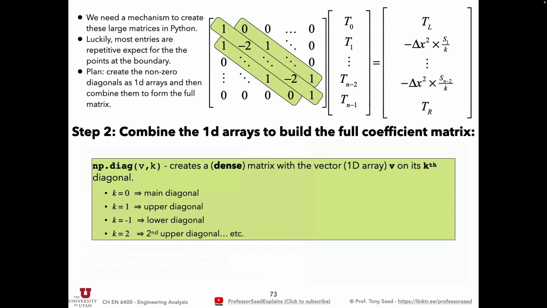It's the 0th diagonal in a square matrix, the main diagonal. The first upper, k is 1. The first lower, k is minus 1. Second upper, k equal 2. Second lower, k equal minus 2. Now this np.diag creates a full matrix. It takes v and puts it in that matrix.